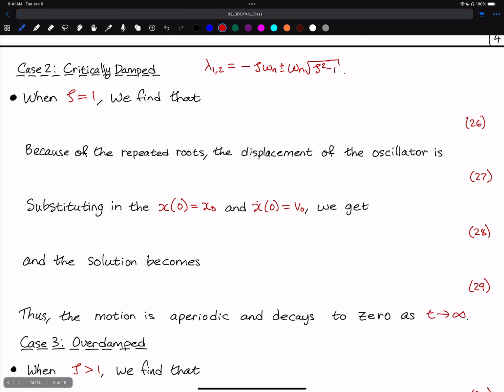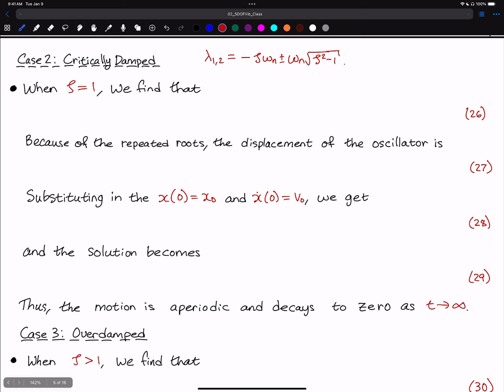When zeta is equal to 1, we're going to get 0 under that square root, and we're going to end up losing that second term right here. And what we'll find is that lambda 1 must be equal to lambda 2, which must be equal to minus omega n, because zeta is 1.